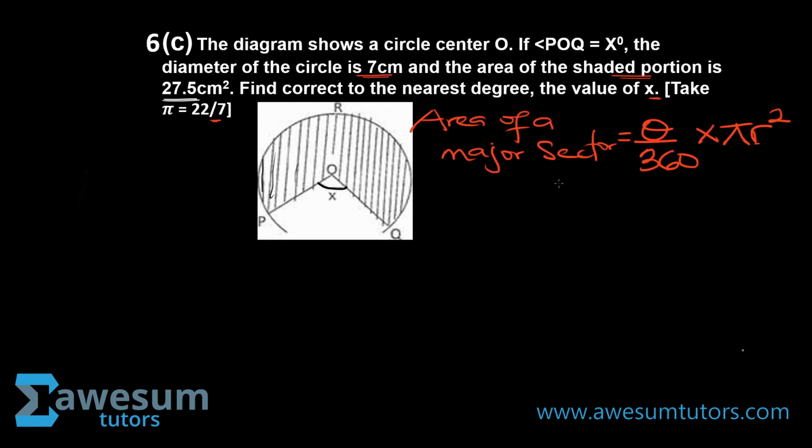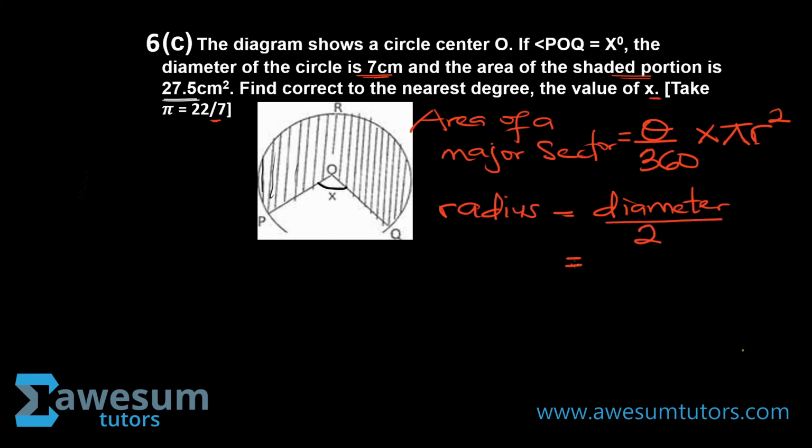There's something you need to take cognizance of right here. First of all, what is the radius? You have been told the diameter is 7 centimeters. Now we know that radius is going to be half of the diameter, right? So radius is diameter divided by 2.